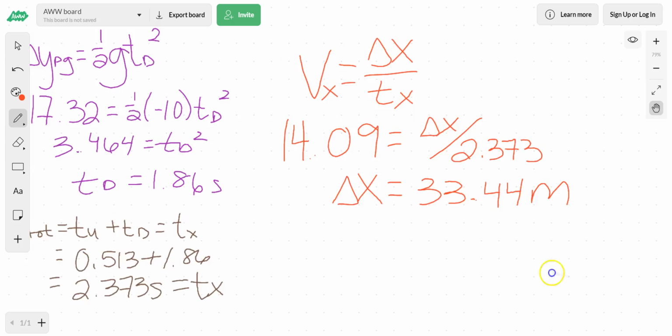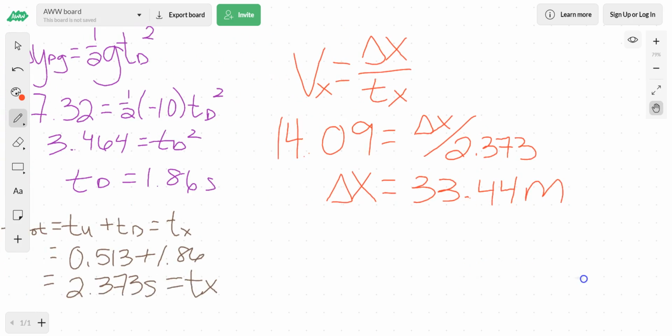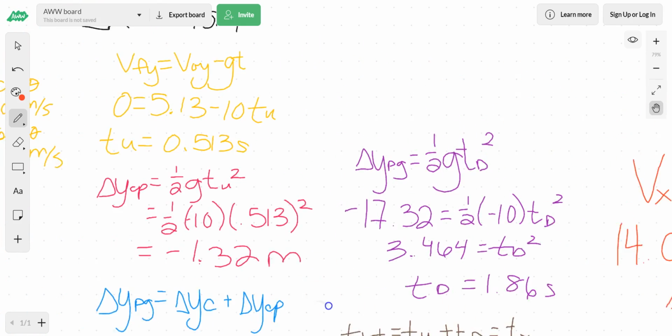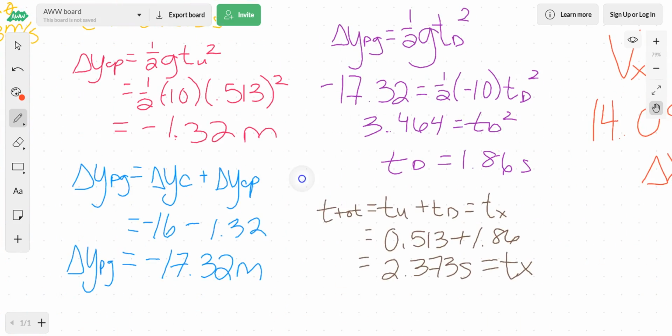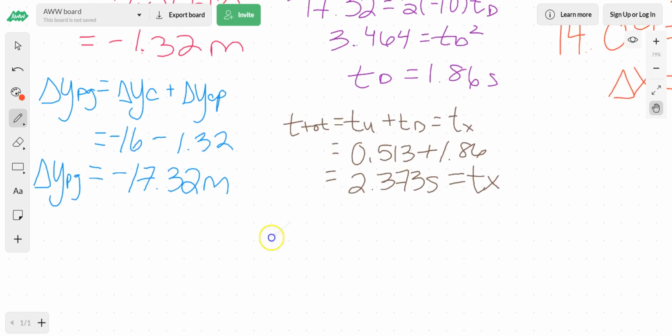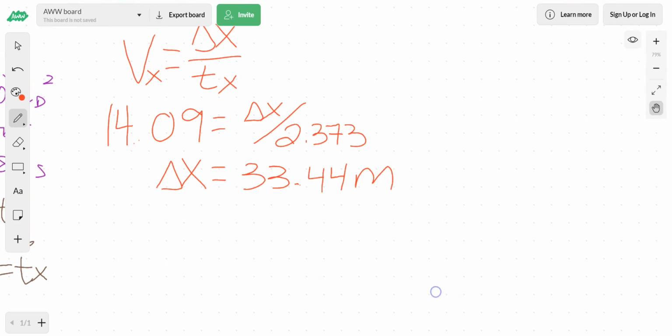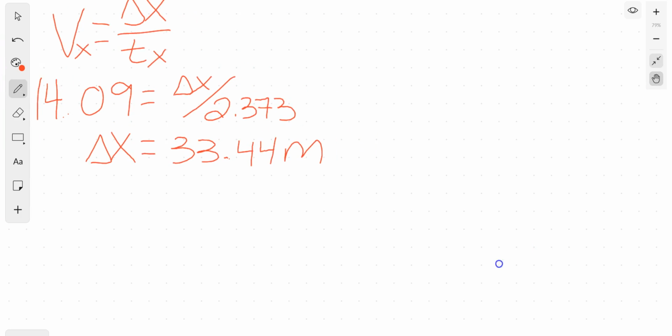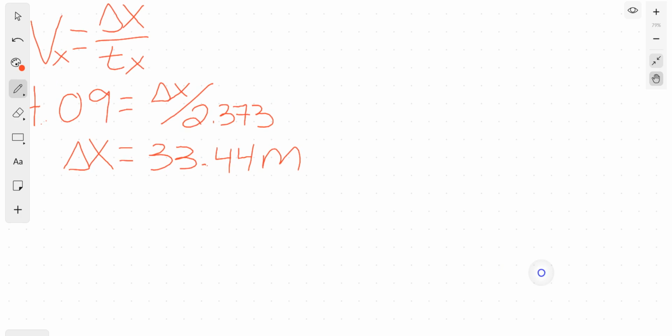Okay. So that's how far away it is. We know how much time it's in the air. We know how much time it's falling. We know how much time it's rising. We know how high above the cliff it goes, and we know how high above the ground it is. So the last step here is to figure out exactly how fast it's moving when it hits the ground.